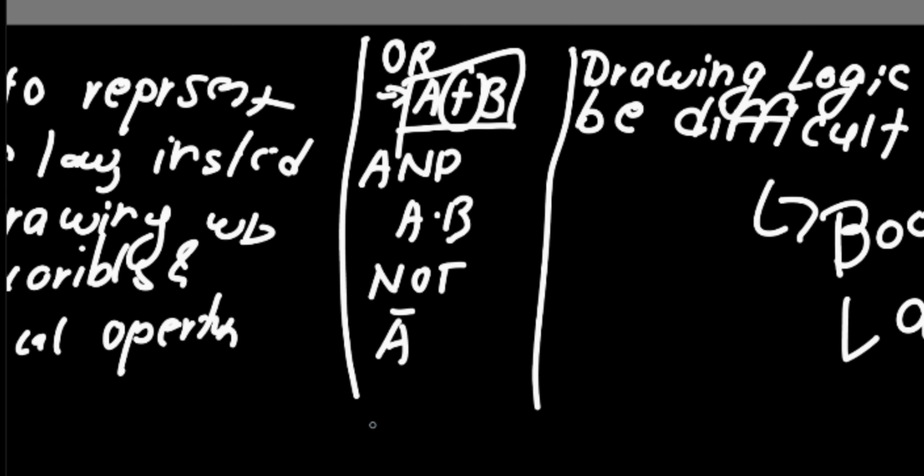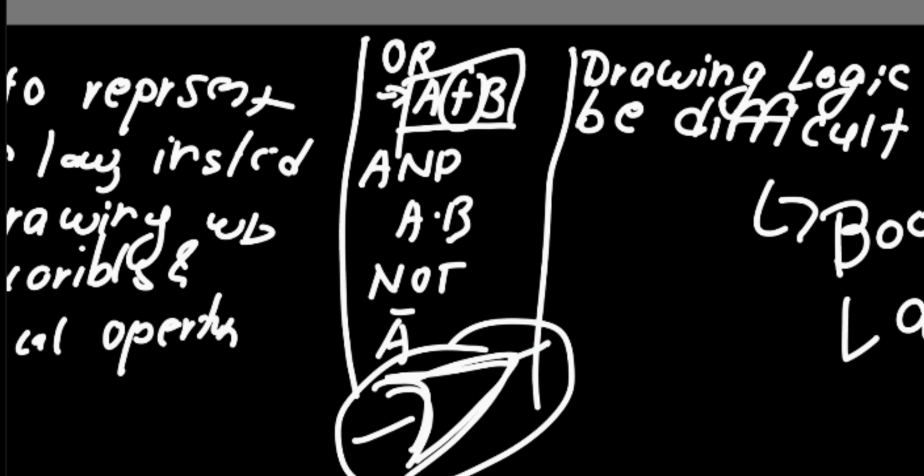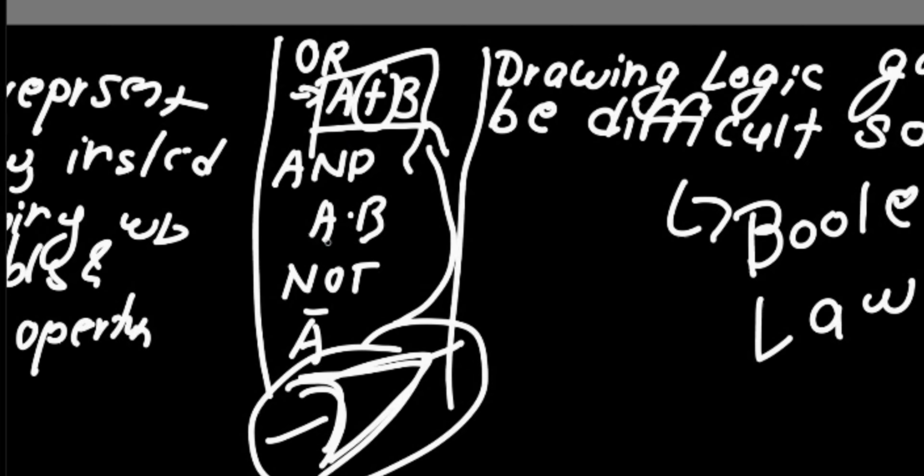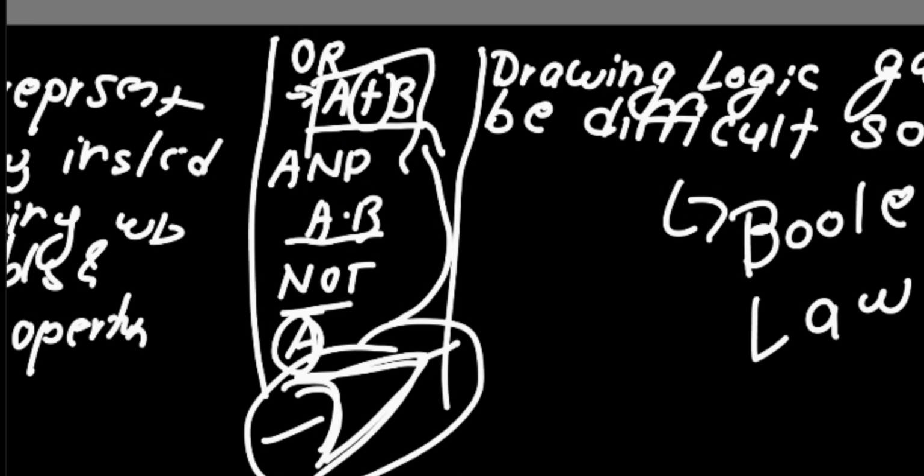Previously we showed that to represent the OR gate we use this triangle-like symbol, and the Boolean expression is A plus B. For the AND gate it was A dot B. For the NOT gate it is A complement. So a Boolean expression is a way to represent the logic gates.